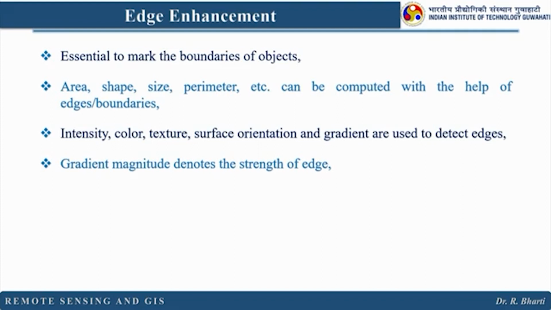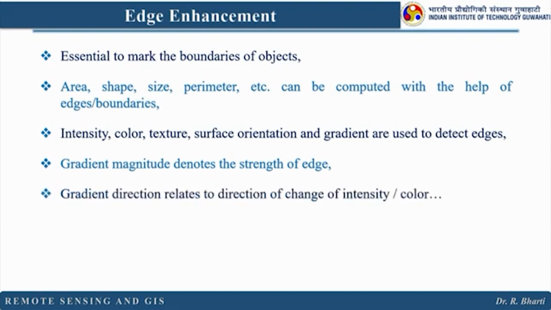So here we will use gradient as an indicator of the strength of the edge. Gradient direction relates to the direction of change of intensity or color. So here we will use gradient to identify change in intensity or change in color, right?